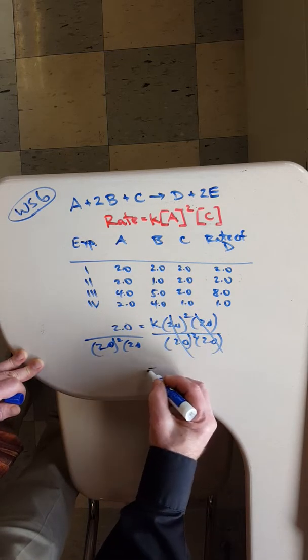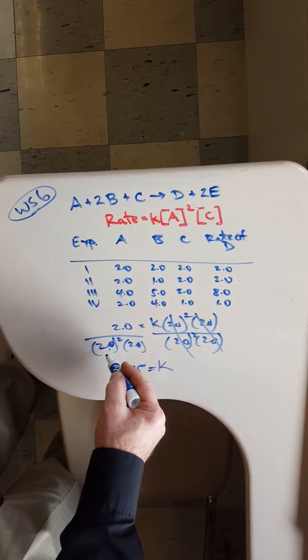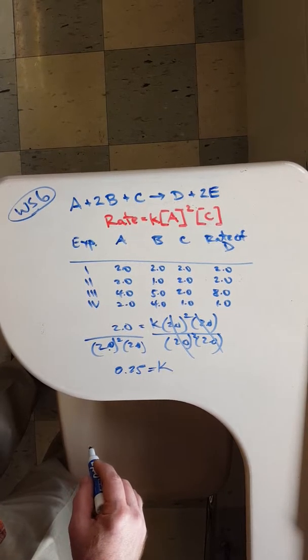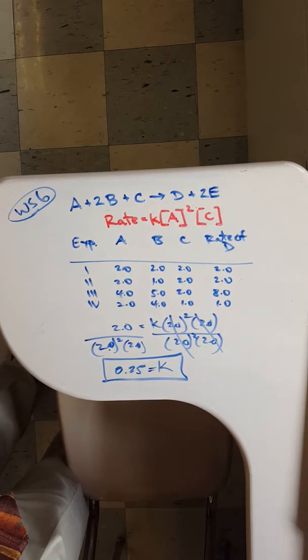And that solves it for K. 2 divided by 2 divided by 2 divided by 2, I get 0.25. All right, so much for the quote-unquote well-designed experiments. Next video for the ones where something went awry.